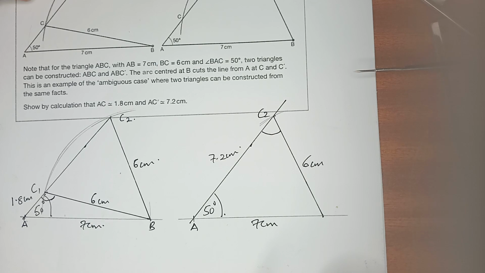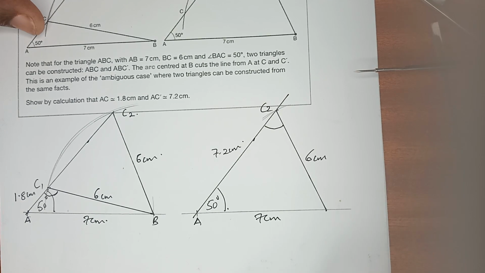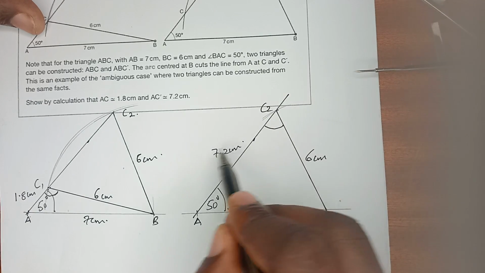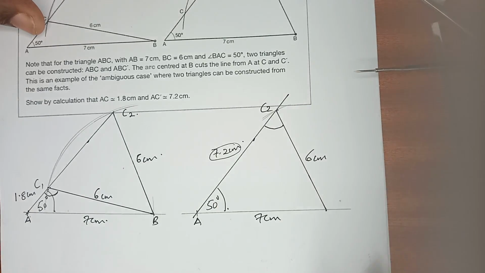Now, we know very well that we have 6 over sine 60, which can also be, we don't know this now, which can also be 7 over sine C2.